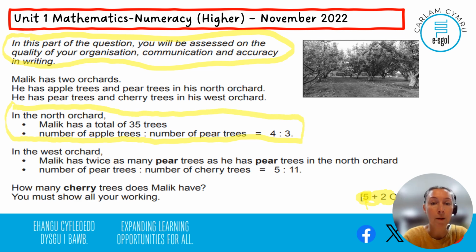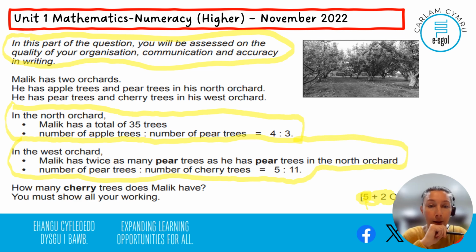The number of apple trees to the number of pear trees is 4:3. In his west orchard, Malik has twice as many pear trees as he has pear trees in the north orchard, and the number of pear trees to cherry trees is 5:11. How many cherry trees does Malik have?